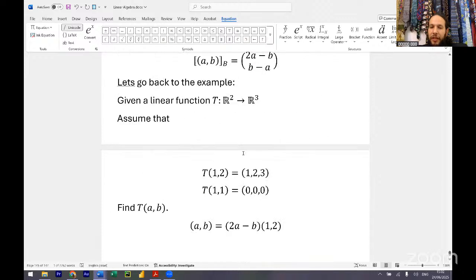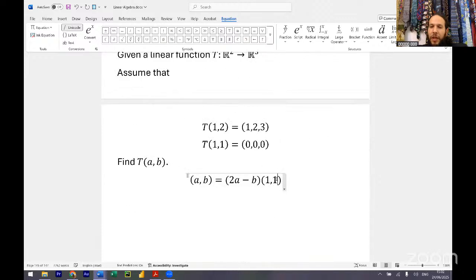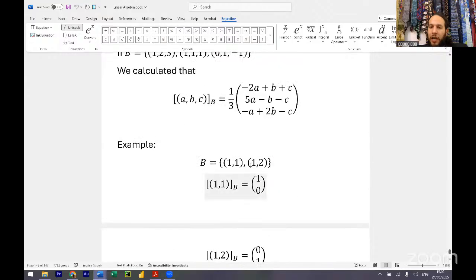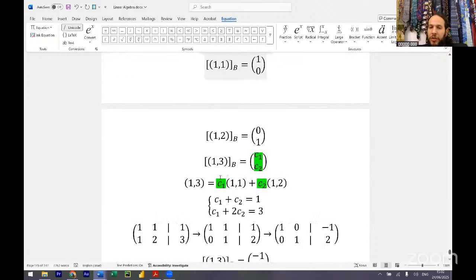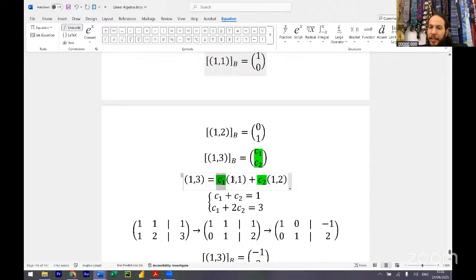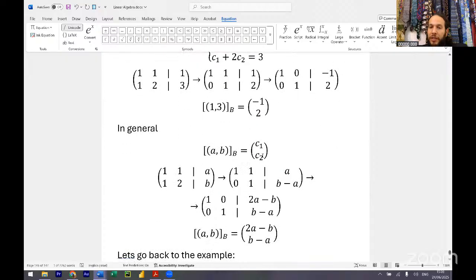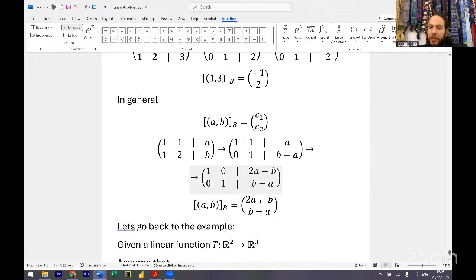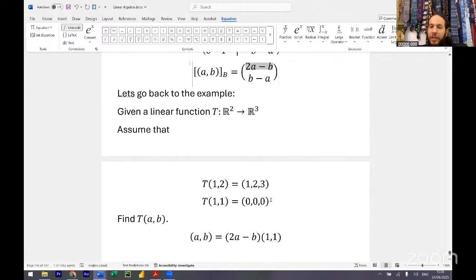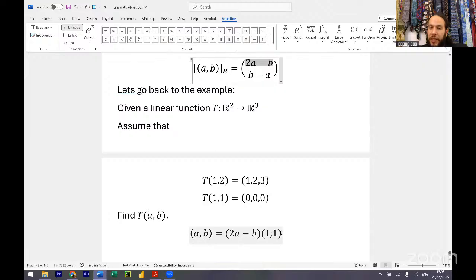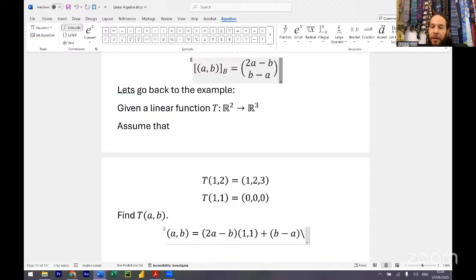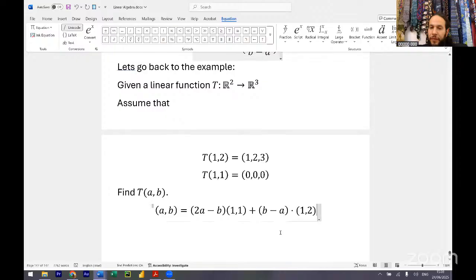The basis here is (1, 1), (1, 2). C1 is multiplied by (1, 1). C2 is multiplied by (1, 2). We found that C1 is 2A minus B. So that is multiplied by the first vector, plus B minus A multiplied by (1, 2), the second vector.